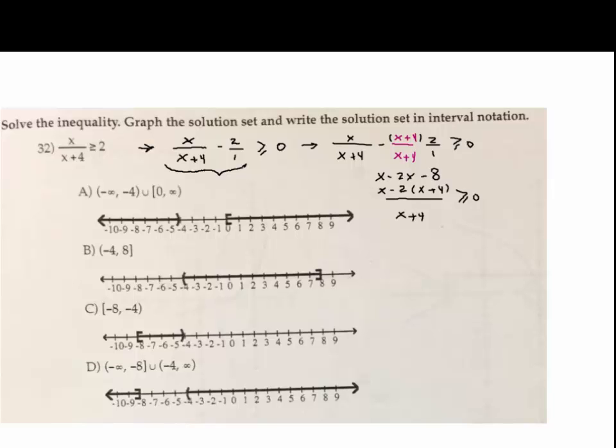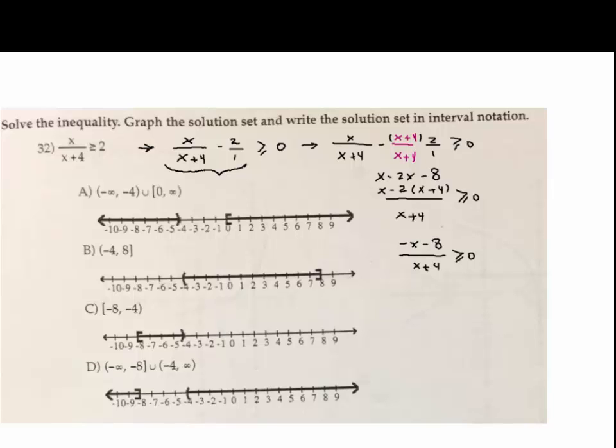So at the top of the fraction I would get minus x minus 8 over x plus 4. I have this whole expression greater or equal to 0, not 2. So I get minus x minus 8 over x plus 4 greater or equal to 0 now.